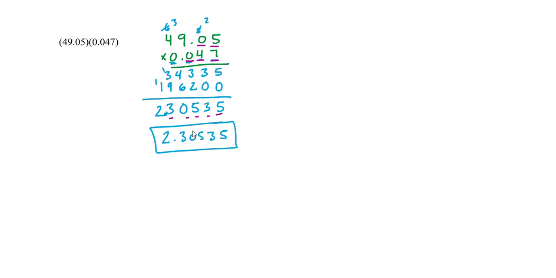Well, 0.5 would be 1/2, so this is a tenth of a half. So we're dividing it in half, but then we're also dividing it by 10. So half of 49 is about 25, and divided by 10 is 2.5. That's pretty good.